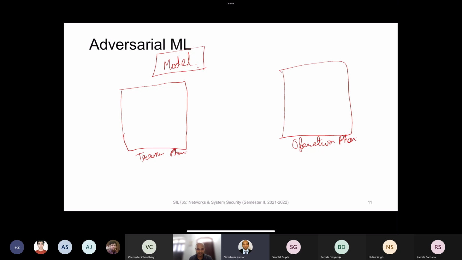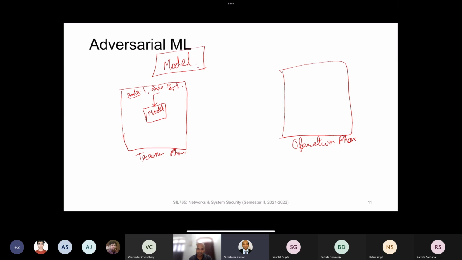So you will start with this model, and then you will have a lot of data points. So data 1, data 2, and points like this, and then this model will be trained with these data points.